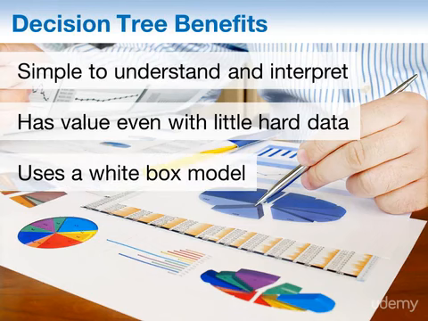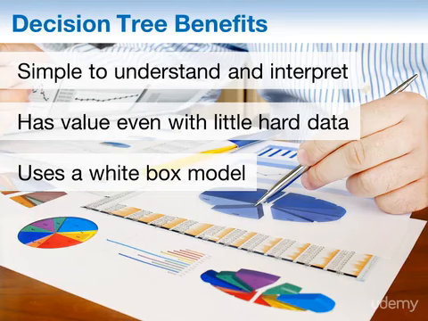Decision trees also use a white box model. In a given situation where a specific result is provided by the decision tree, the explanation for the result can easily be replicated by math. This is not a black box where you input some data and at the end a number comes out and you have no idea how this number was generated.